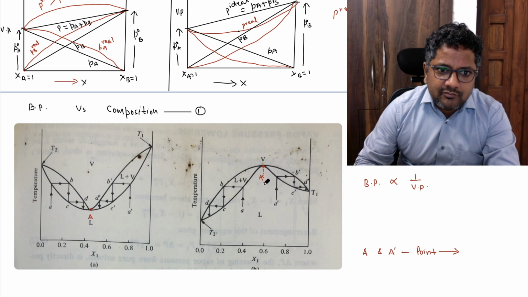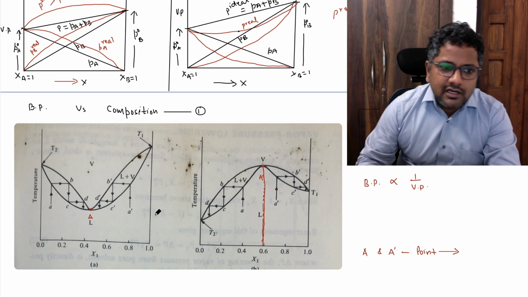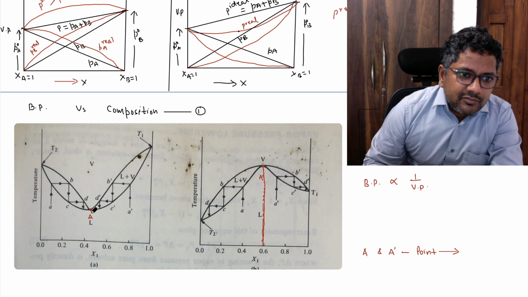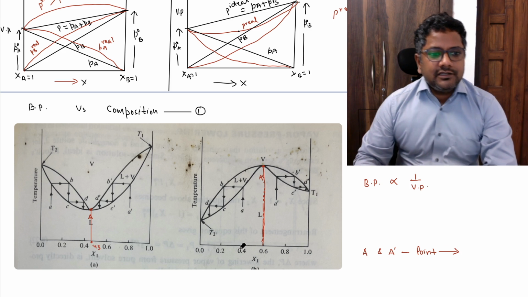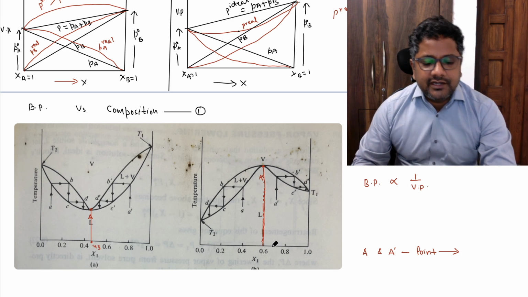If you draw a perpendicular here, and this is different for different substances. It is 0.43 we can take here, and here it is 0.6 we can take.